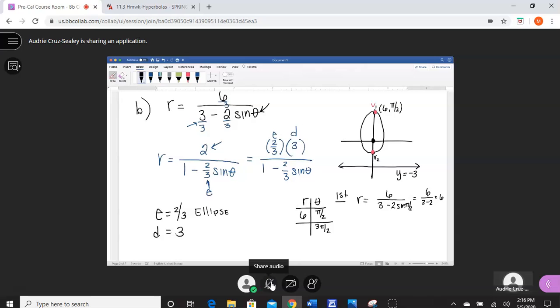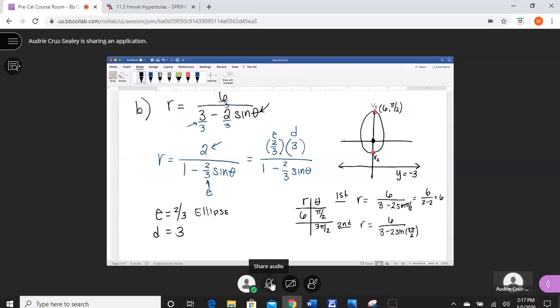The second vertex: r equals 6 over 3 minus 2 sine of negative pi. Oh, negative 3 pi over 2. Sorry. I was going to put negative pi, which would have been the same thing. But 3 pi over 2. Okay. What is sine of 3 pi over 2?